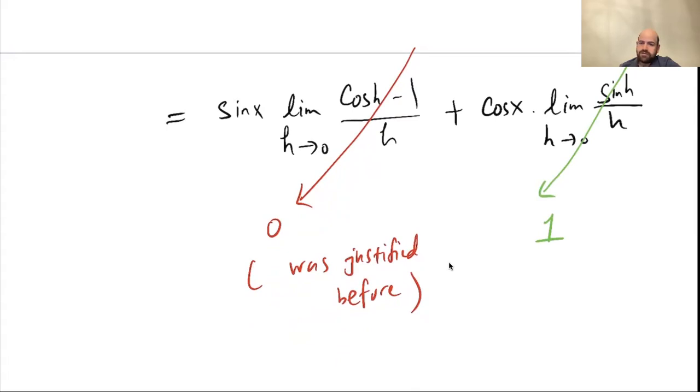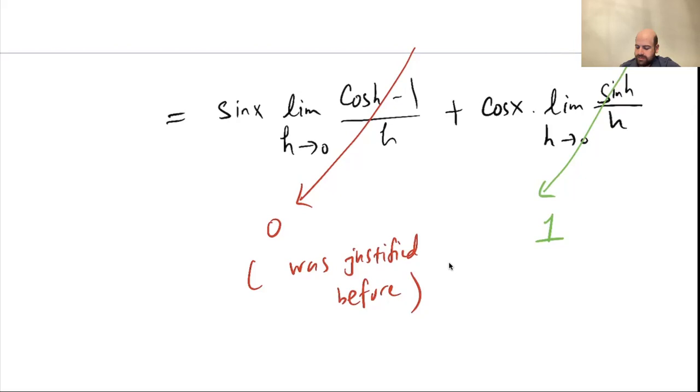Right? Again, we have seen it in the same lecture that we did trigonometric limits. A limit sine x over x as x approaches to 0, or limit sine h over h as h approaches to 0, is 1. So what will be the answer? The answer will be sine x times 0 plus cos x times 1.